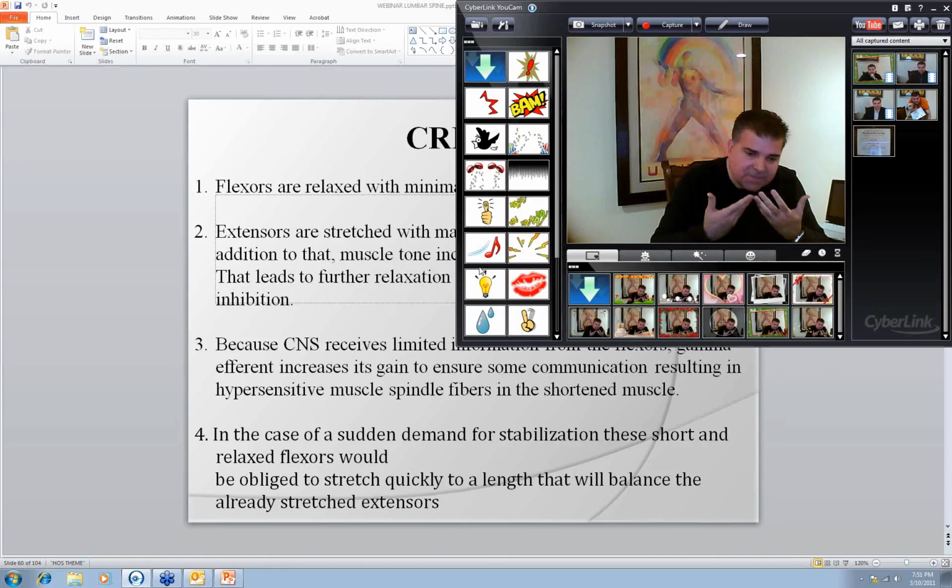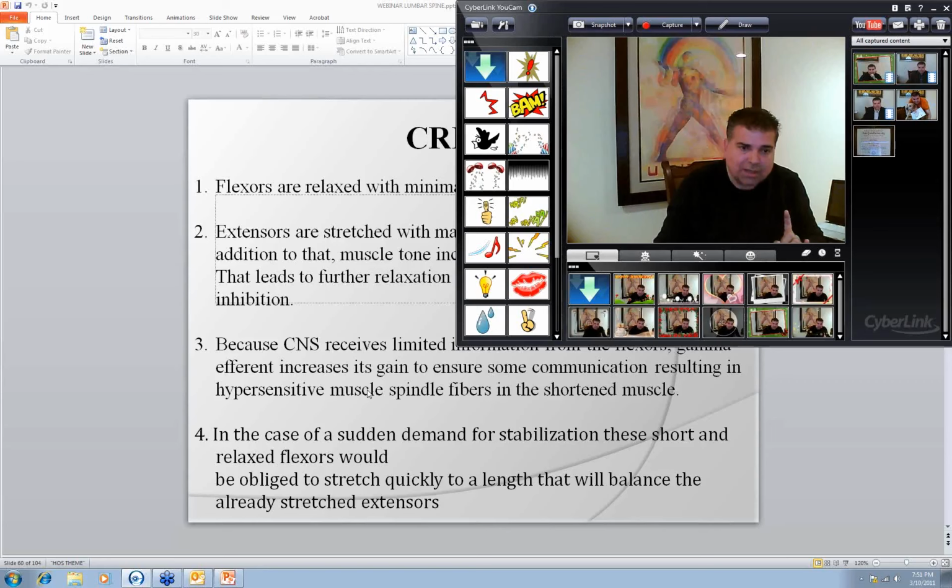In this slightly flexed position, the flexor muscles of the neck, my sternocleidomastoid and my platysma, are shortened. If they are shortened, the proprioceptive firing they have is very much reduced. To the contrary, the extensor musculature is a little bit stretched, and that slight stretch provides a higher proprioceptive output.